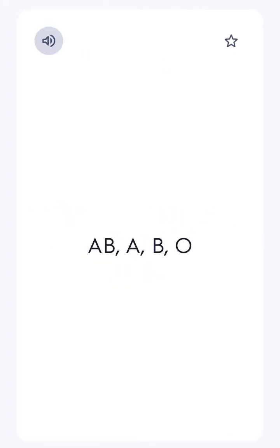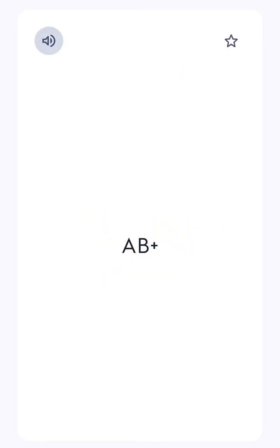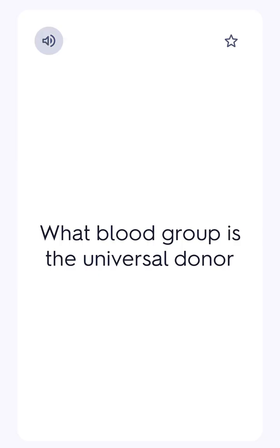AB, A, B, O. What blood group is the universal recipient? AB+. What blood group is the universal donor? O.